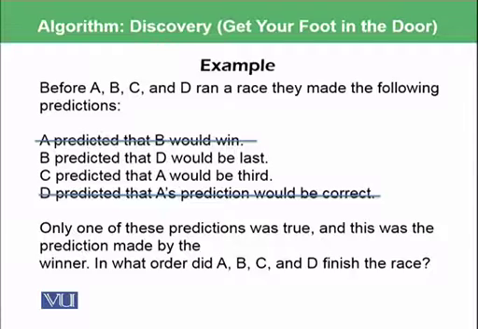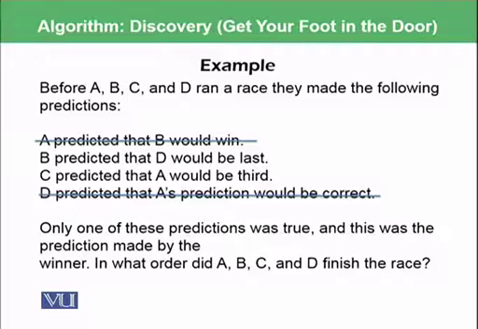Here you can see that A predicted that B would win, and this statement is false because of our first logic. This means that the second statement, B predicted that D would be last, cannot be true as well, because the statement made by the winner is actually the true statement. As A predicted that B would win, this statement is wrong.